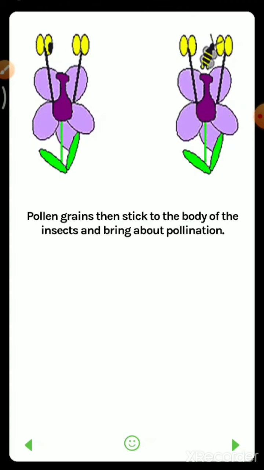At that time, some pollen grains get attached to the insect, and after sitting on another flower, those pollen grains will stick to the stigma. Like this way, cross pollination occurs by the insect. Okay, understood students?